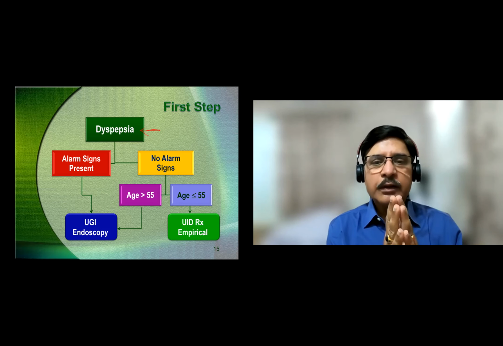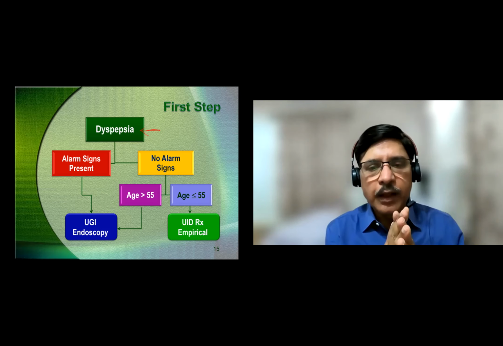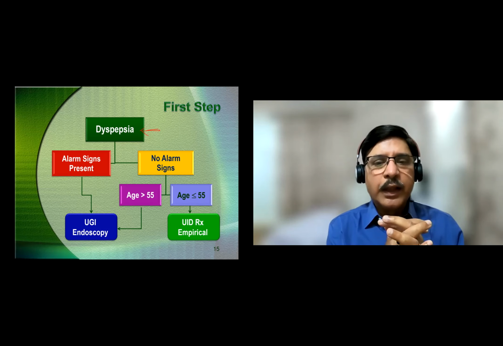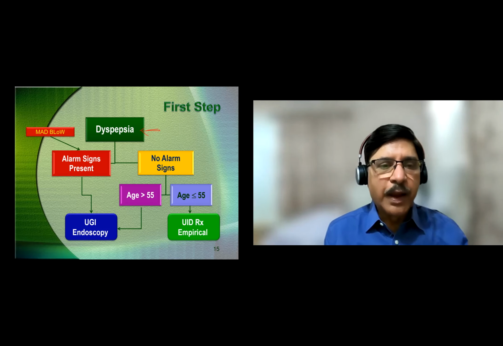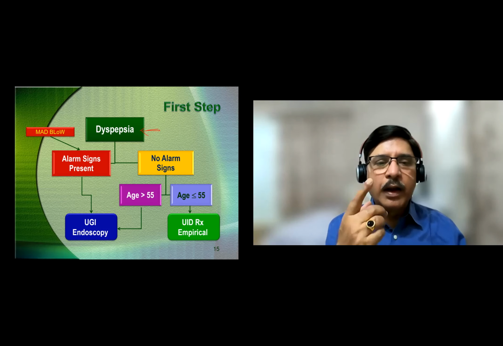Okay, the patient has some dyspepsia. Then what should I do? Are there alarm signs? What are alarm signs? MAD BLOW. What is MAD BLOW? Mass in the upper abdomen, A, anemia, D, dysphagia, BL, blood, either in the vomit or in the stool, LOW, loss of weight, unexplained loss of weight.